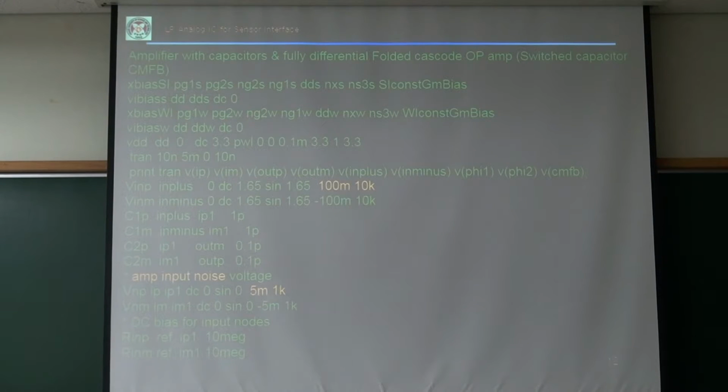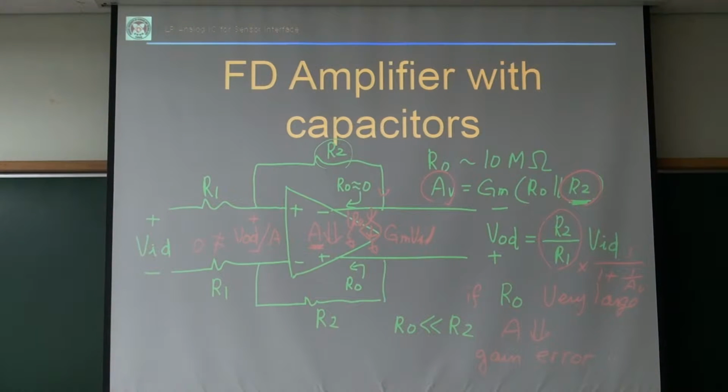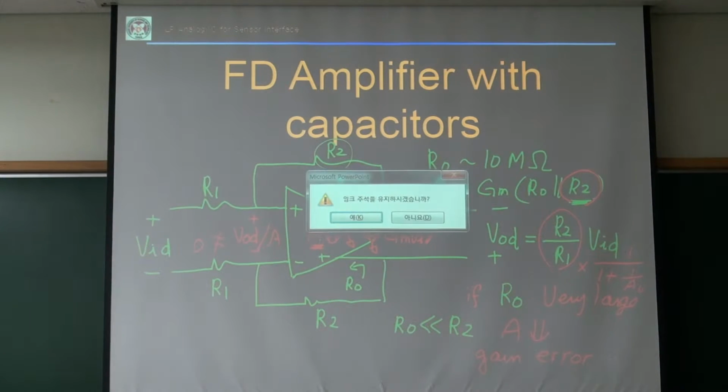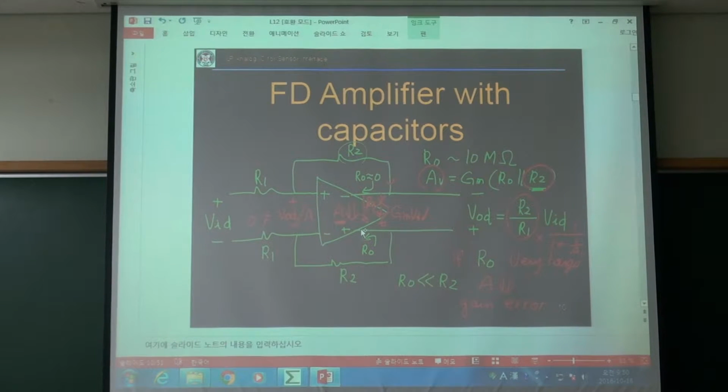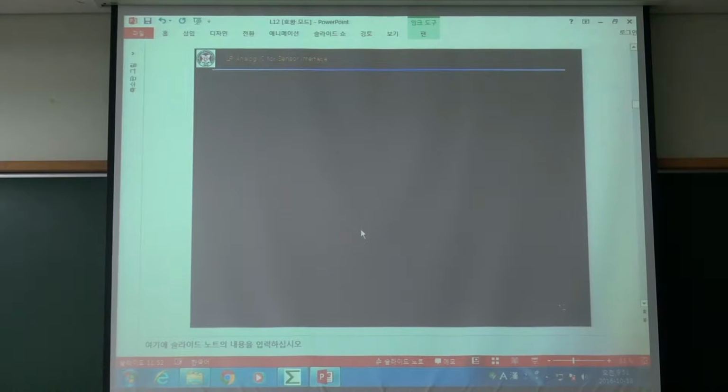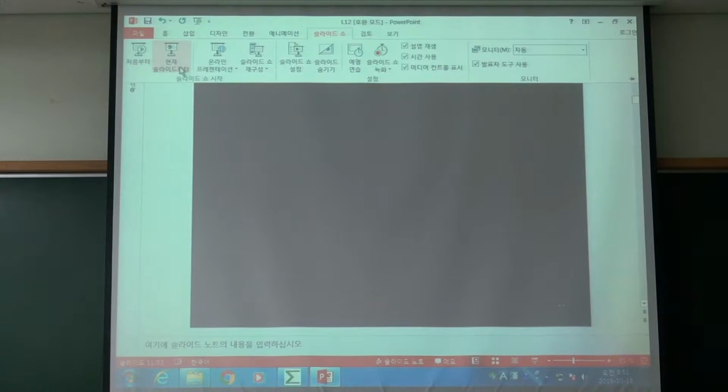Okay, so let's see. If I use capacitors, what happens? I use a capacitor instead of a resistor.